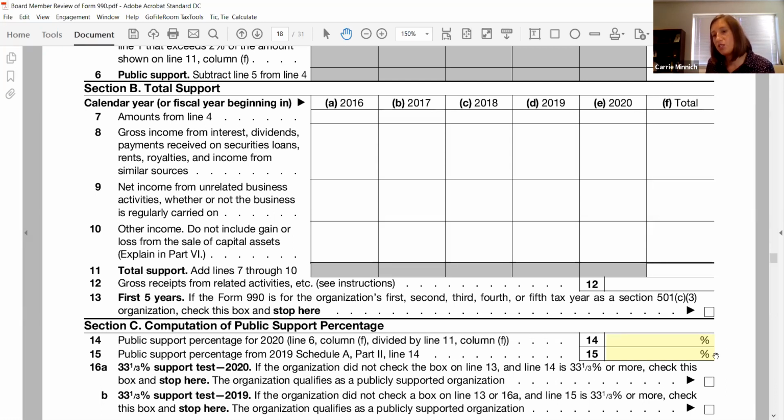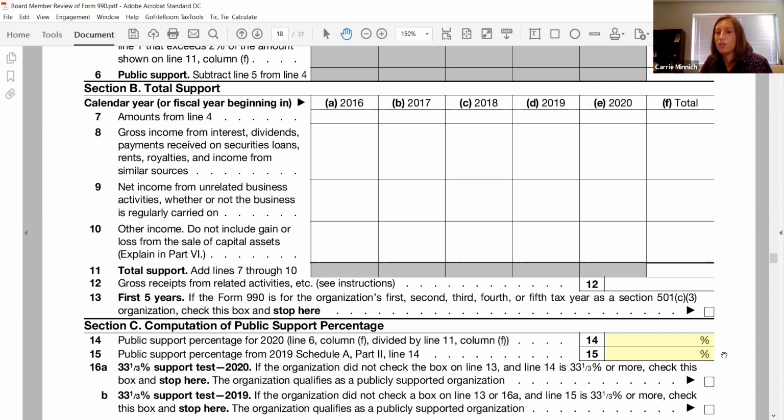However, if this percentage falls below 33 1/3%, that means that your organization is not publicly supported. So that means it's getting all of its revenue not from a whole bunch of different sources, but from a single source or very few sources.